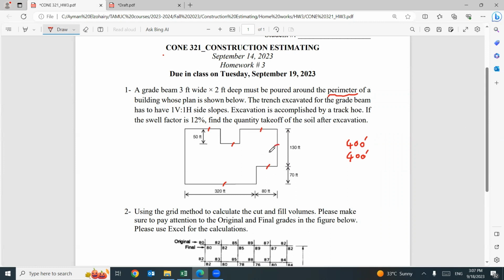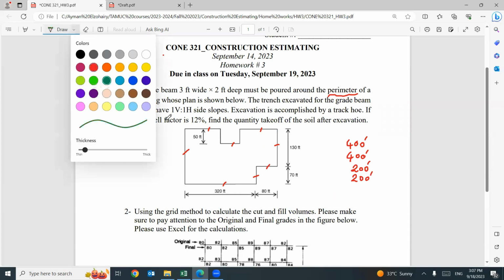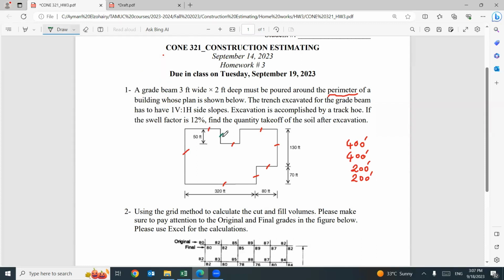This length plus this one equal 200 feet. I think this side length will also be 200 feet. So what is the remaining? We still have this little side with 50 and this little side with 50. It will be 100 feet.